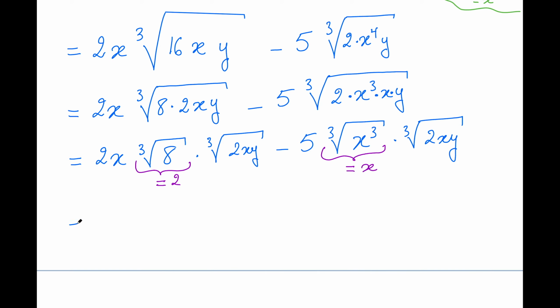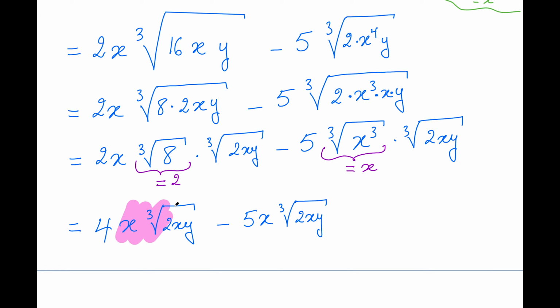So we get 2x times 2 is 4x. So 4x times this minus 5x times that. Okay, so as we did before, this is an image and this is the same image.